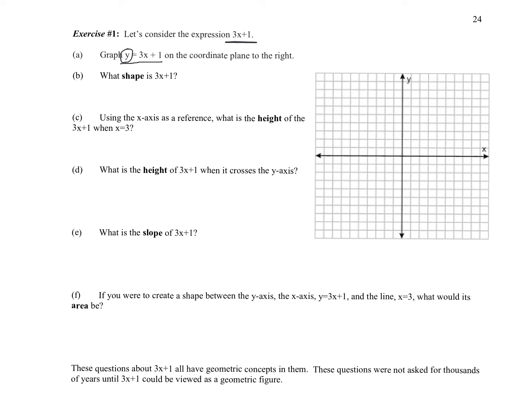So let's say I plugged in a 0, right? And that would give me an output of 1. So when I start with a 0, I get a 1, and we call that the y-intercept. When I plug in a 1, right, I would get 3 times 1 plus 1 is 4. So when I start with a 1, I get a 4. When I start with a 2, I get a 7.